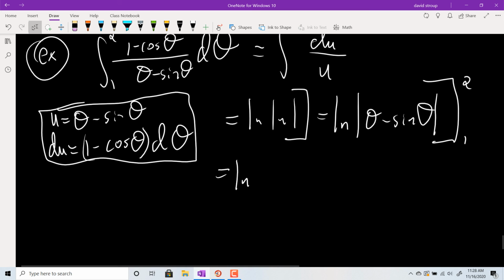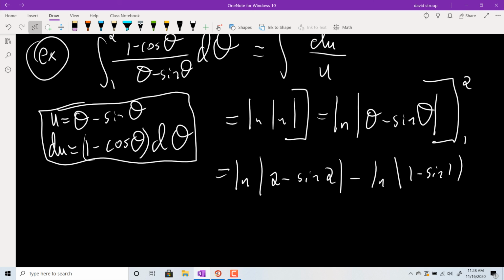So I end up with ln of the absolute value of 2 minus sine of 2 minus ln of 1 minus sine of 1. Okay. And you're going to need a calculator to figure those out. They're not like reference angles, like sine of 2. I don't know what the heck that is. Anyways, you put that in your calculator, you get about 1.93, and that'll do it.